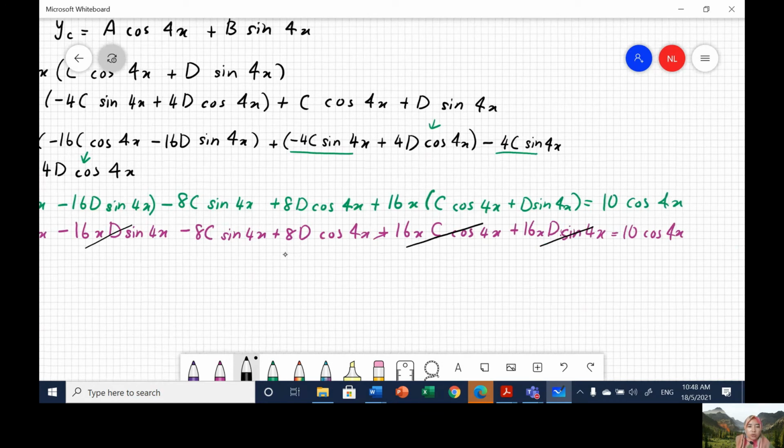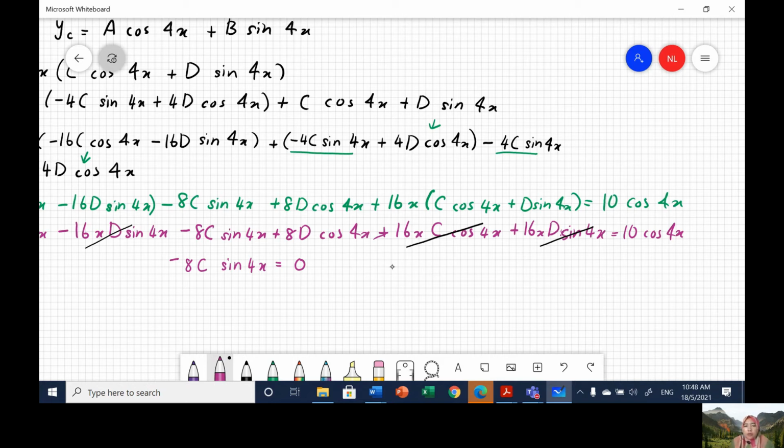Then we have to compare cos with cos and sine with sine. There is no sine on the right hand side. So for the sine expression, we write down negative 8c sine 4x equal to 0, because we don't have sine 4x on the right.